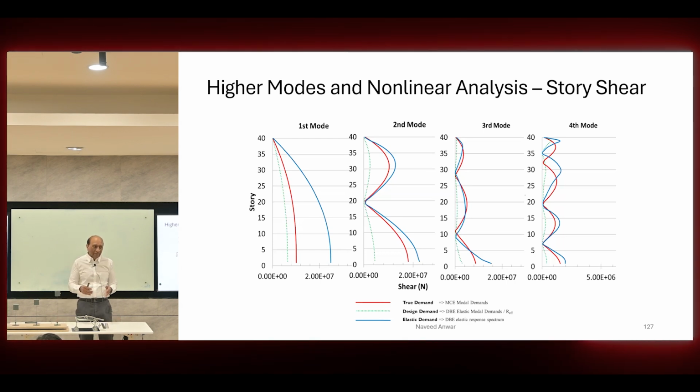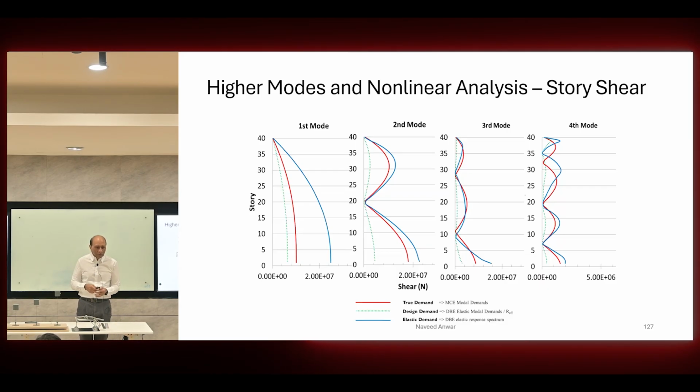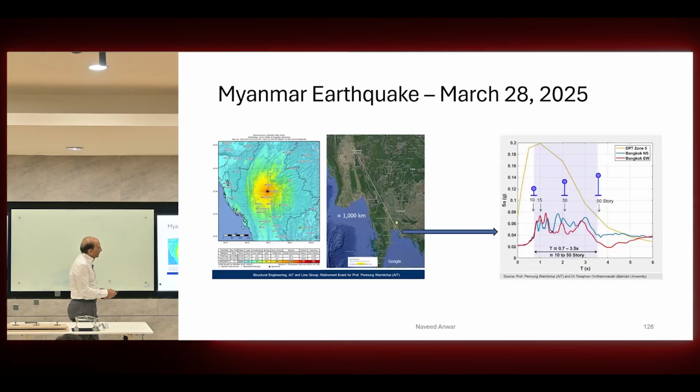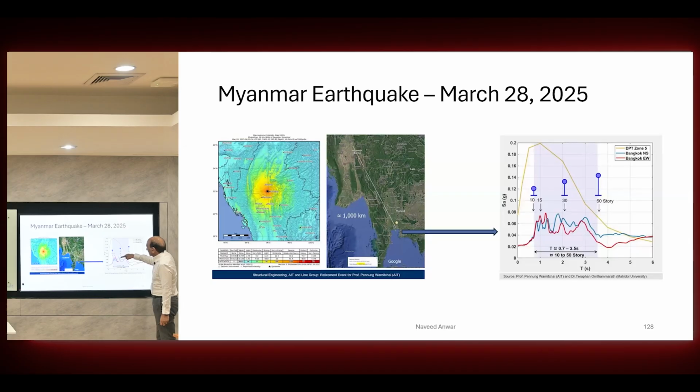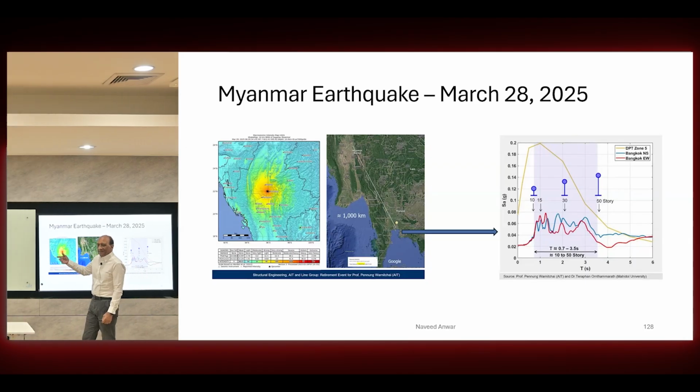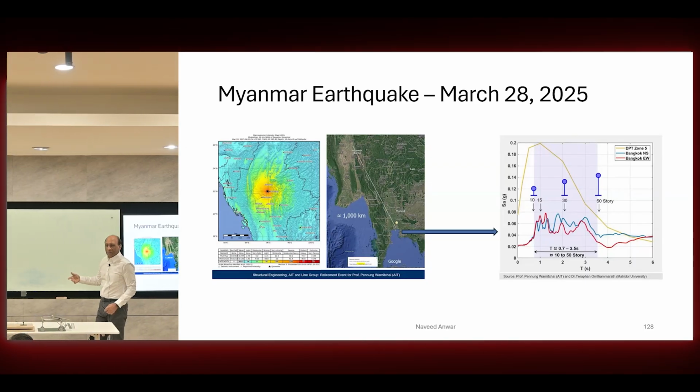So now they're coming up with different R factors for different modes, and then you add them together. That's the higher mode effects, and this is one of the reasons this building had a problem: higher mode effects, with shear being much larger than the design shear because they reduced it by the same R.